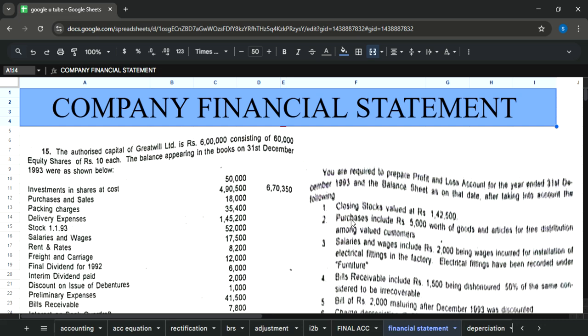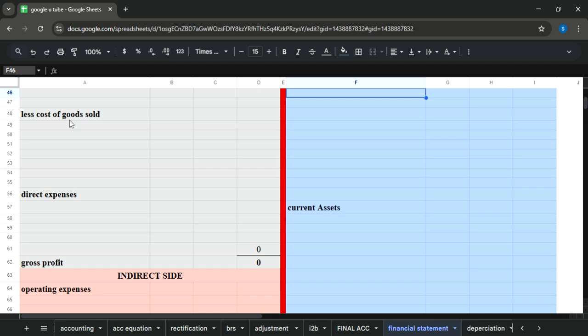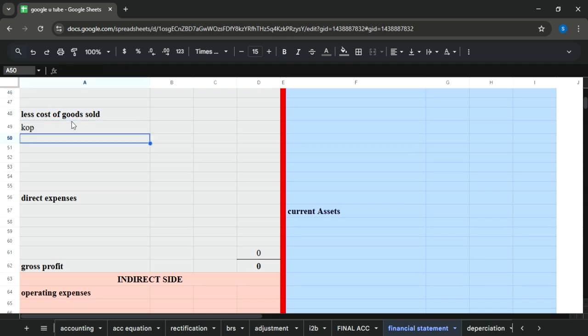Let's begin. First, closing stock. So we'll go to the cost of goods sold direct side, and here first we will mention opening stock, then we will add purchases.